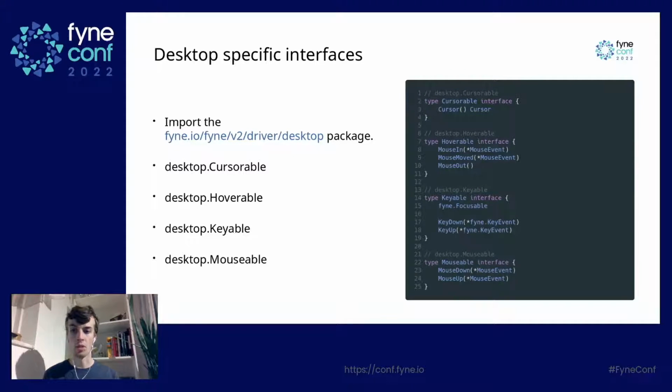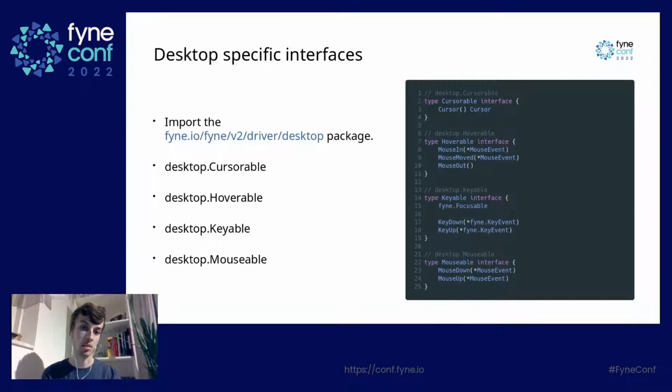So we have the desktop.cursorable interface, which allows the widget to change the cursor when you move over the widget. So for example, you can make sure that you have this resize cursor when you're resizing something, or you can have the I-beam cursor when selecting text, that sort of thing.